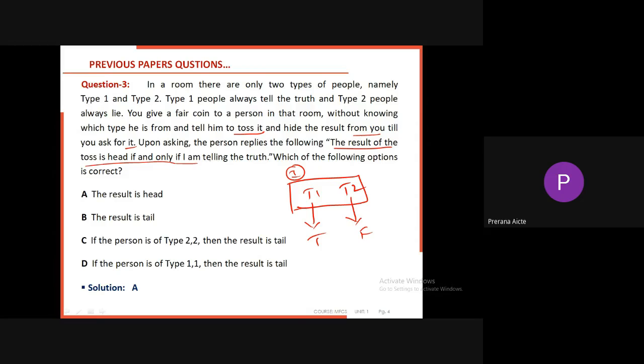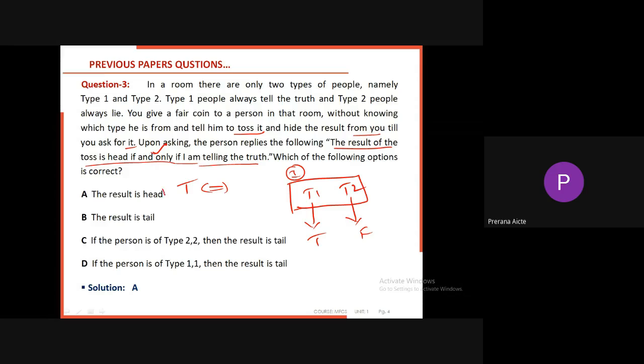Here the connective we have is if and only if. So one of the events is the toss, the result of the toss being head.